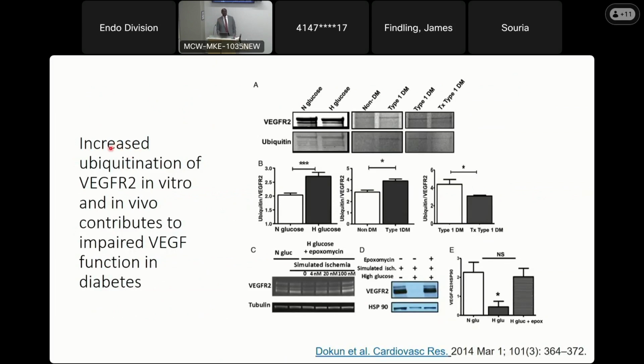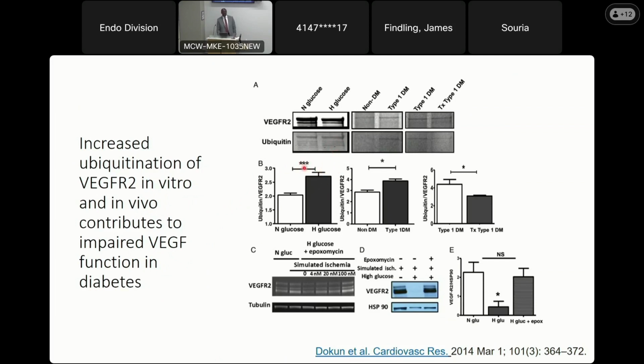And what I'm showing you here is a summary of one of the papers that we published related to this, where we show that increased ubiquitination of VEGFR2, both in vivo and in vitro, impaired VEGF function. So what you see here is a Western for VEGFR2 expression, and we've immunoprecipitated that receptor and looked for the extent of ubiquitination in mouse with diabetes, and you can see that there's increased ubiquitination.